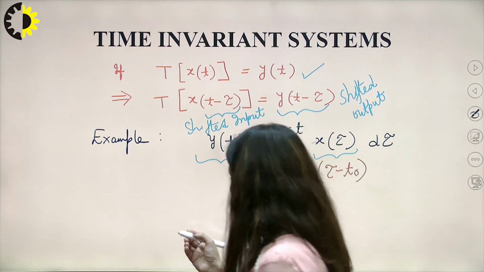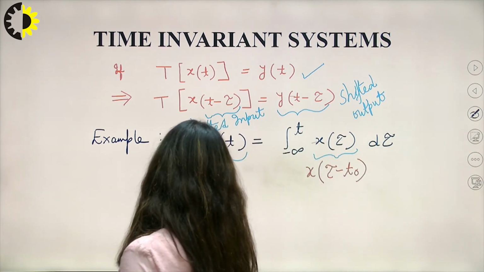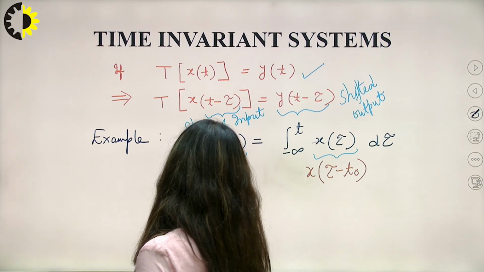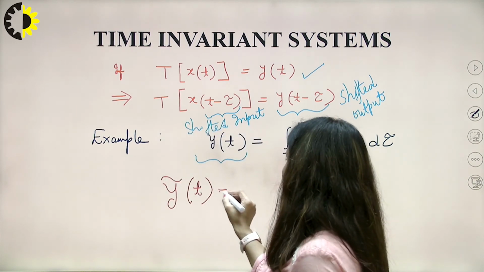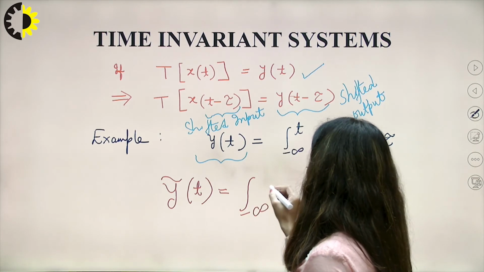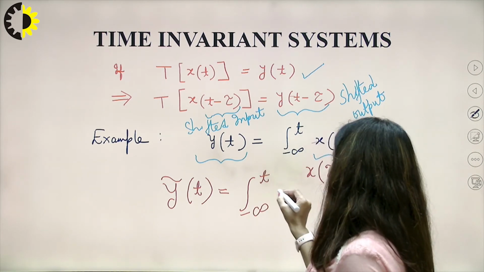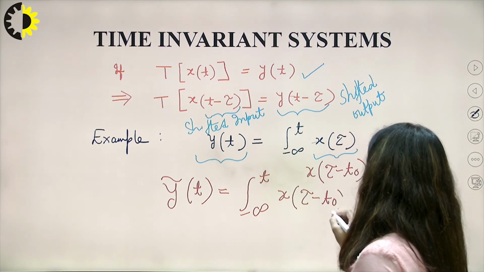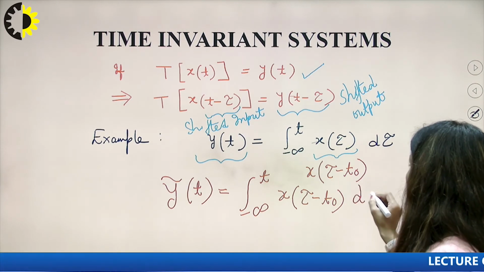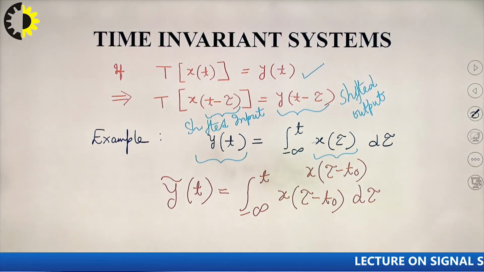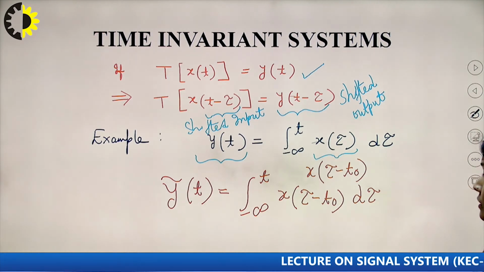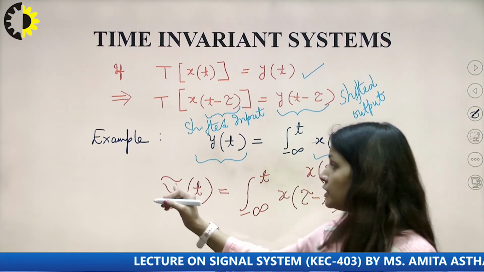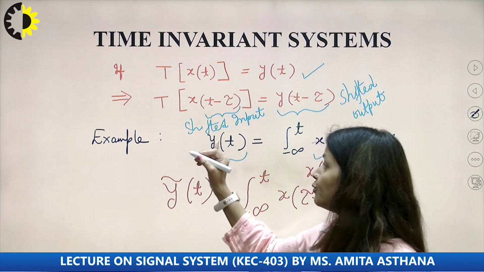So, let us do that. Let us assume that I am having another output, if I shift my input by t naught units. So, here it is x(tau minus t naught) d tau. Here I need to find the relationship between this y bar(t) and y(t).